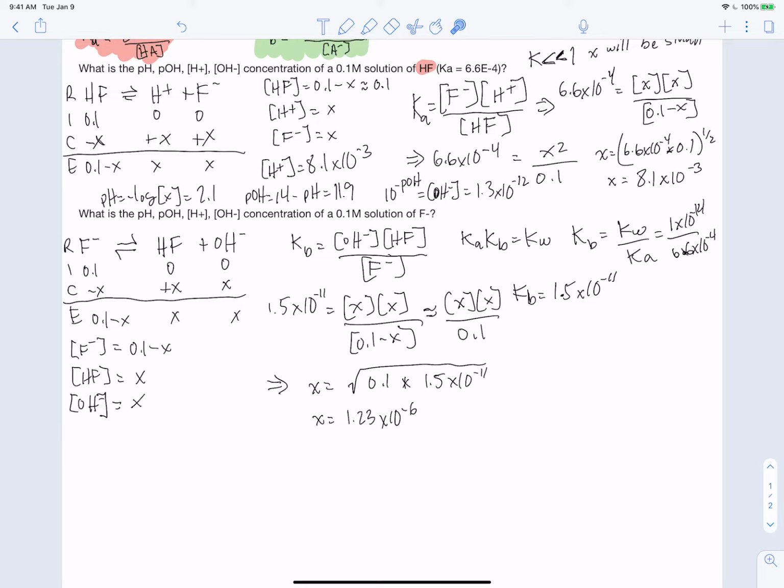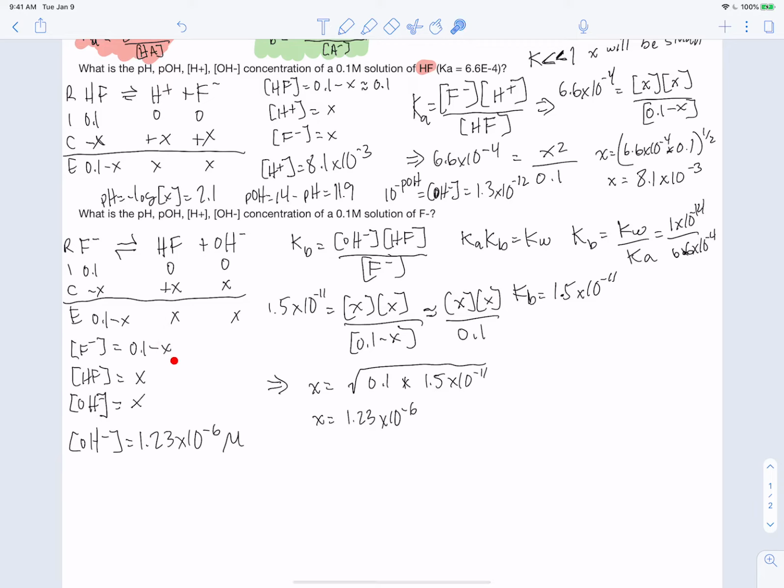So I know that X is equal to 1.23 times 10 to the minus 6, and OH minus has a relationship to that. And in this case, it's just exactly equal to X. And so my OH minus concentration is equal to 1.23 times 10 to the minus 6 molar.